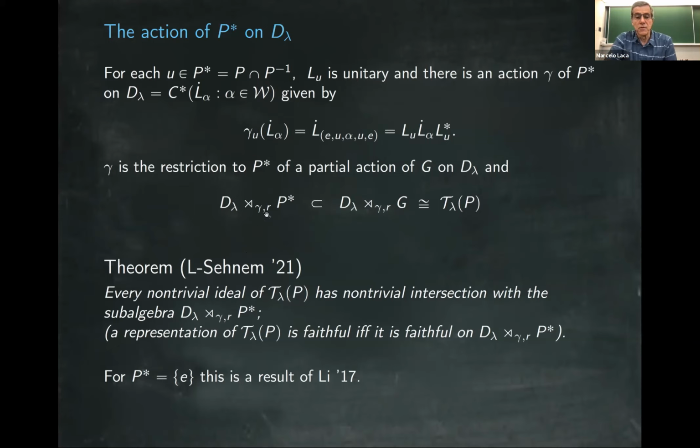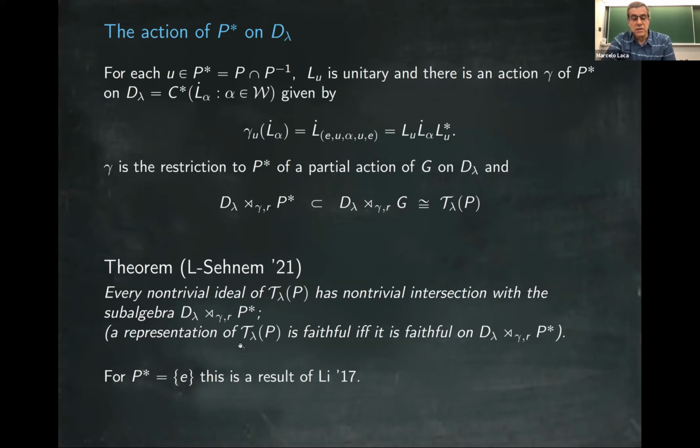And the reduced cross product of that action by P star is a subalgebra of the reduced cross product of the partial action by G. So this P star acting on D lambda is a subalgebra of D lambda P. The theorem that we proved is a faithfulness theorem, and it says that every non-trivial ideal of T lambda of P has non-trivial intersection with this cross product D lambda by P star.